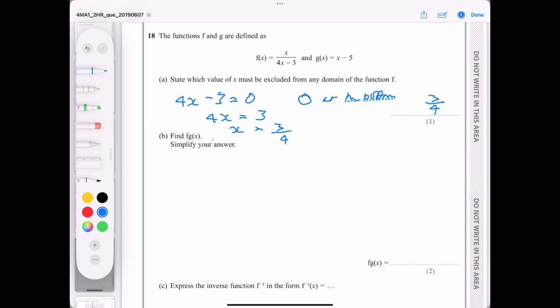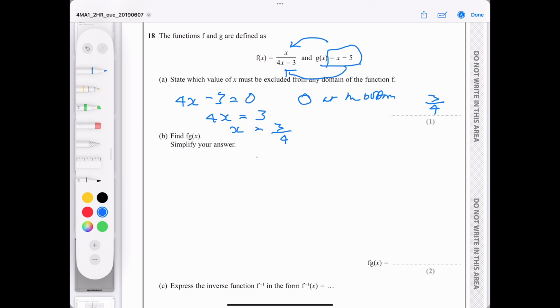Find f of g of x and simplify your answer. We take the thing that's closest to the x, which is g of x, and put that into wherever it's x, which is 2 places.